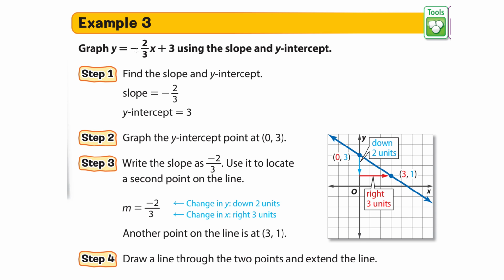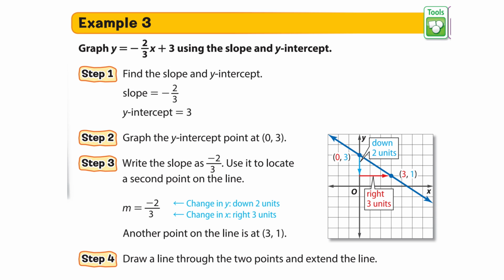So this is going to be -2 over 3. And again, as a fraction, it's actually perfect for a slope. The y-intercept is +3. So just recognizing that the info we need is sitting right there in the equation is the first step.